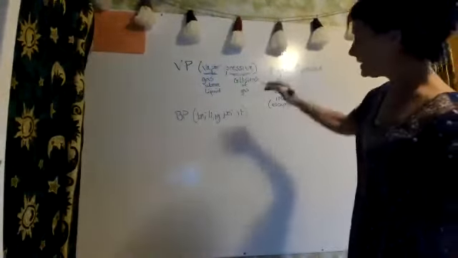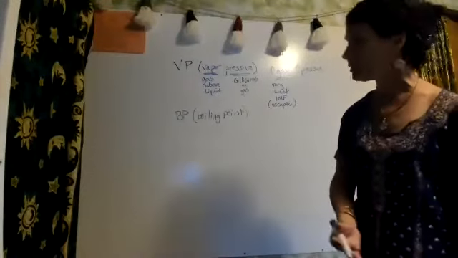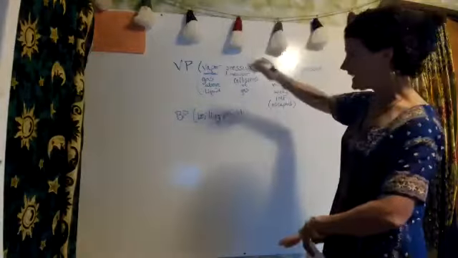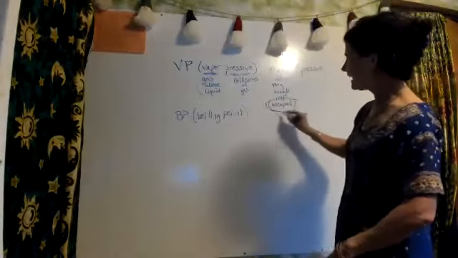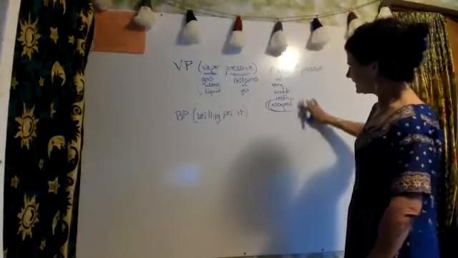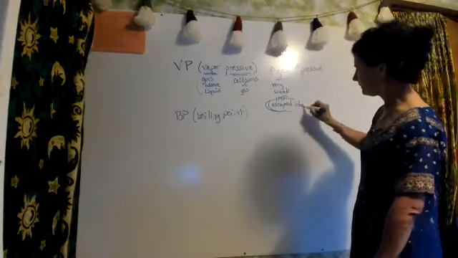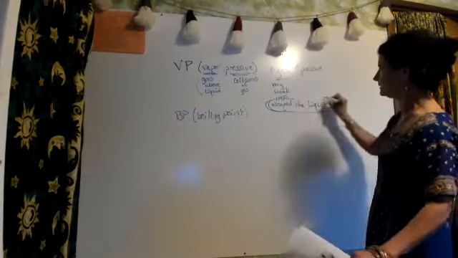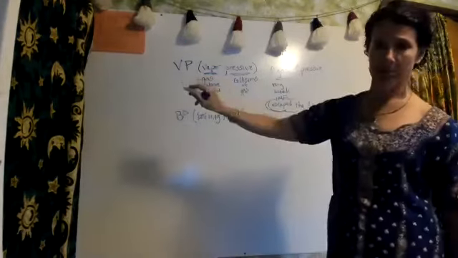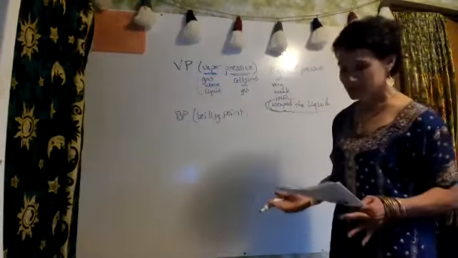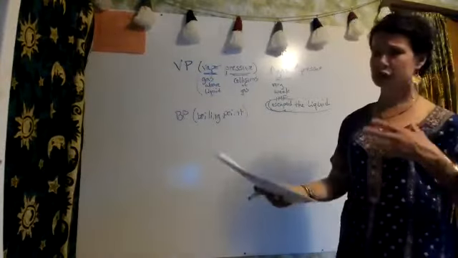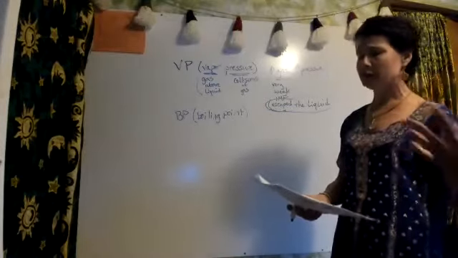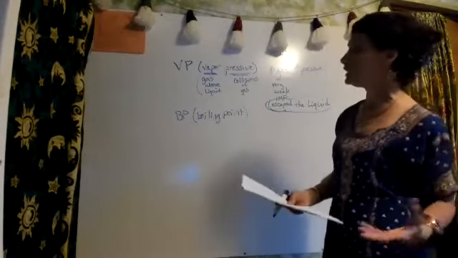So what it has to do with this is called a liquid property. This is the amount of vapor that has escaped. So how much has escaped? Let's add to this, escape the liquid. The more that escapes, the higher the vapor pressure. So the question really is, we're comparing strong and weak intermolecular forces. So you always go back and you figure out which one is stronger, which one's weaker.